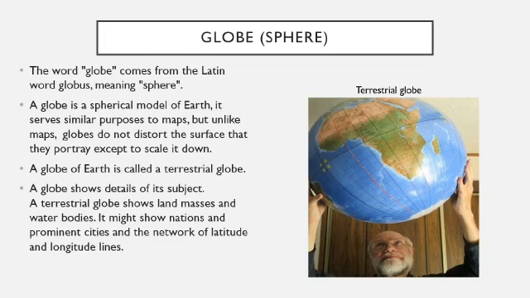A globe of Earth is called a terrestrial globe. A globe shows the details of its subjects. A terrestrial globe shows land masses, water bodies. It may also show the nations and prominent cities and the network of latitude and longitude lines as represented.